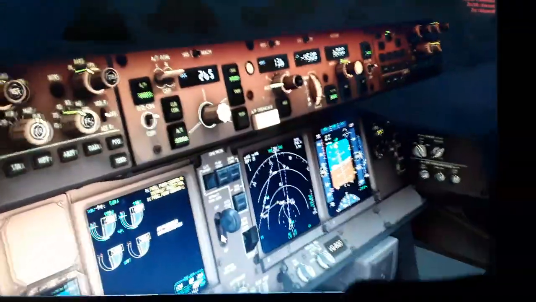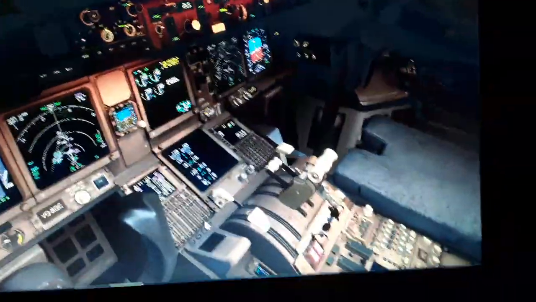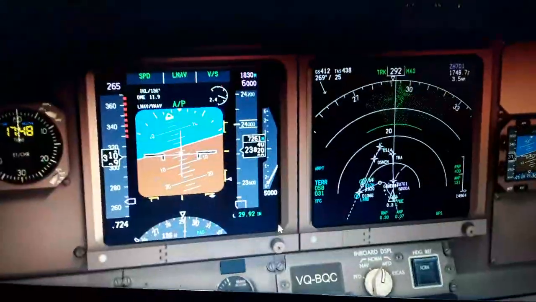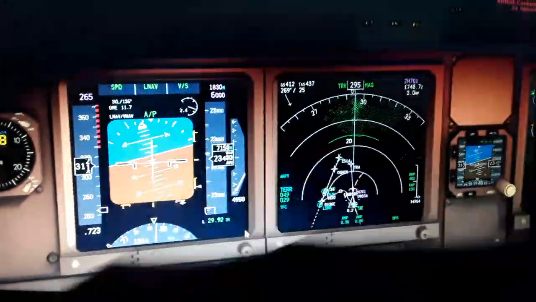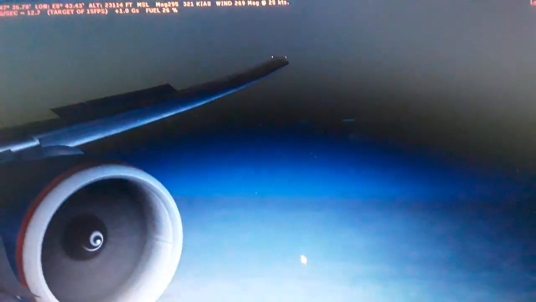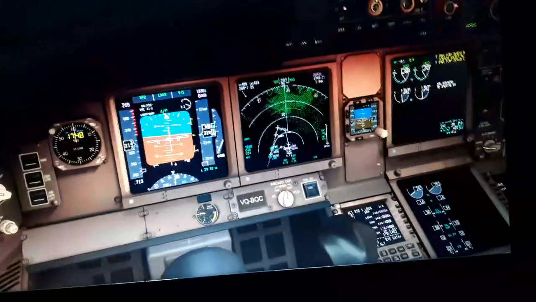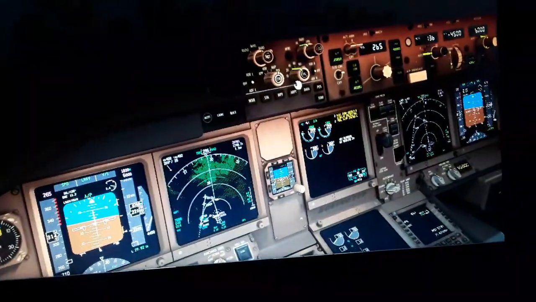So this is gonna decrease the command for slowing down also the aircraft, and for descent, as you can see, we have started descent. 32,000.